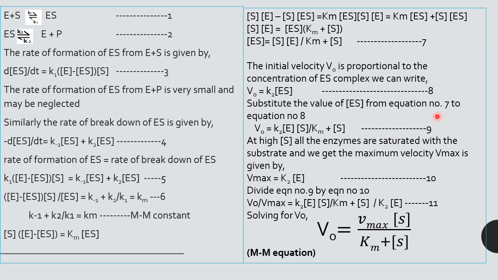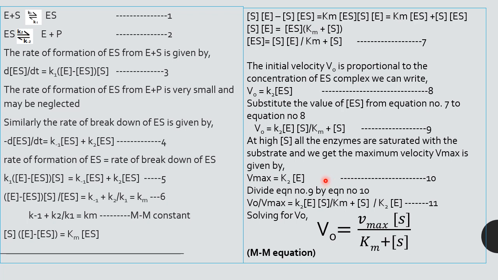We get the V0, which is given in equation number 9. When the substrate concentration is so high that essentially all the enzyme in the system is present as the enzyme substrate complex, that is, when the enzyme is saturated, we reach maximum initial velocity. Vmax is equal to K2 into total enzyme concentration, equation number 10.